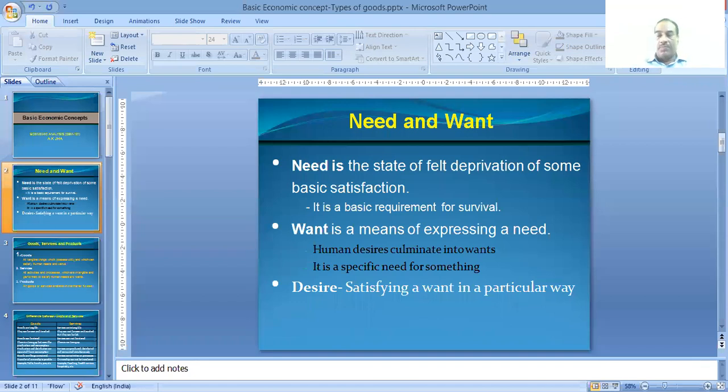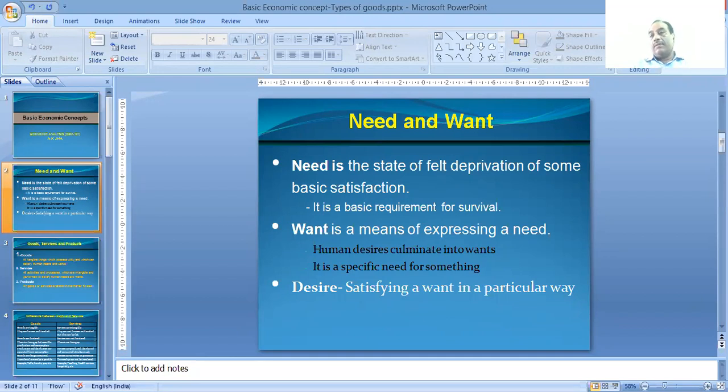We need to attire ourselves with proper clothing. We need shelter for our protection and comfort, and then of course food. Why do we need food? Without food we can't survive. So these are the needs every person has.